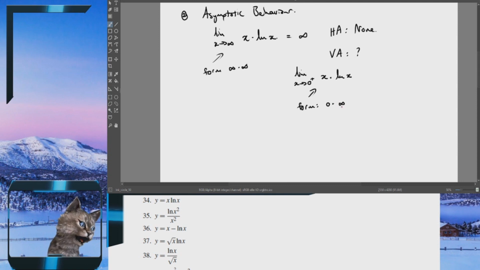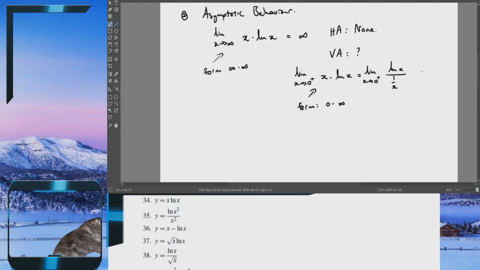But if the second part grows fast before the first part can shrink, the whole thing can blow up. So very similar to 0 over 0 or infinity over infinity, anything can happen. So what I want to do is rewrite this so that it looks like a fraction. So I'm going to put the log of x over 1 over x.